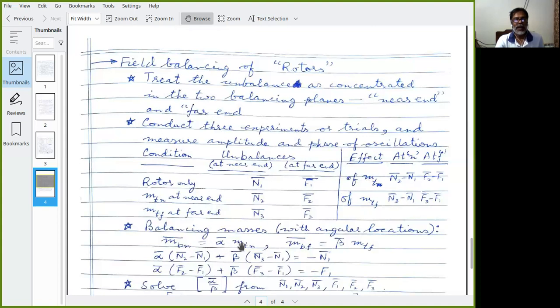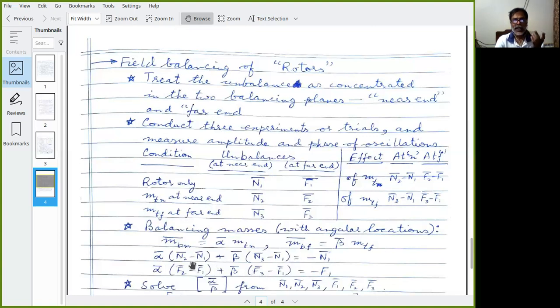So MTN you multiply with the complex number alpha, MTF you multiply with another complex number beta, and then demand that alpha times this effect plus beta times this effect is minus N1, and similarly alpha times this plus beta times this should be minus F1.